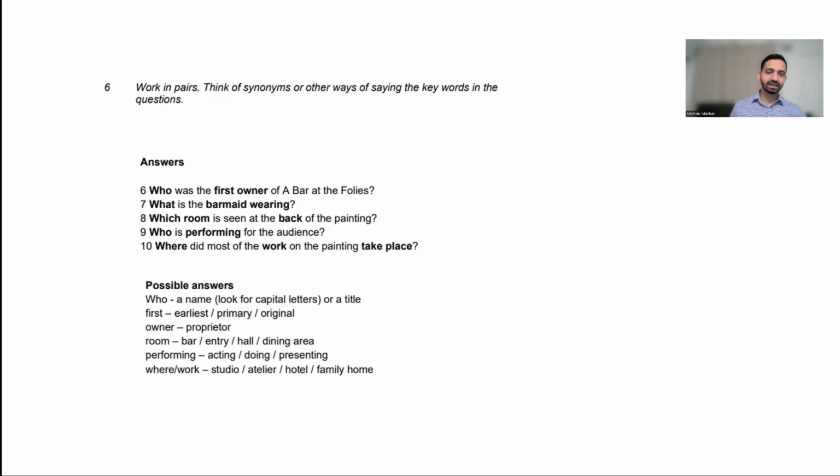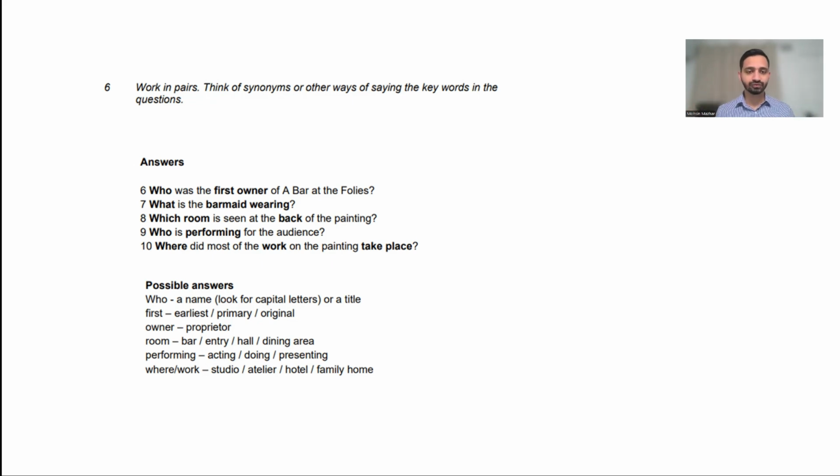All right, let's review the answer. Who: a name, right? Look for capital letters or a title. First could be earliest, primary, original. These are some of the words you may find in the article. Owner could be proprietor. Proprietor means owner, right? Room: it may not say room in the article, but it might say bar, entry, hall, dining area.